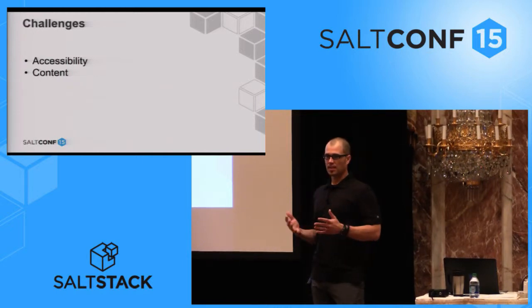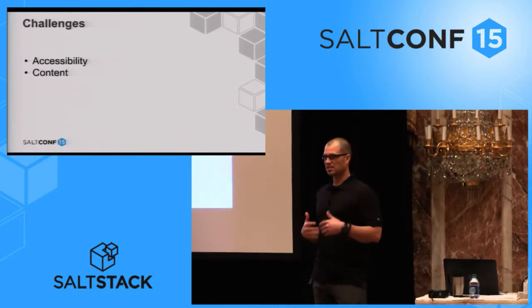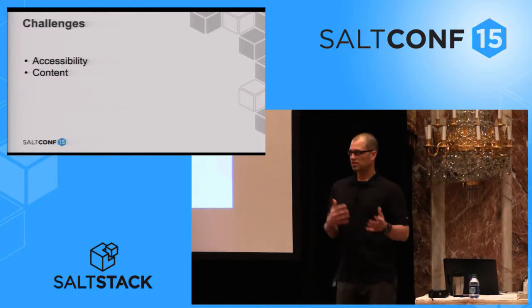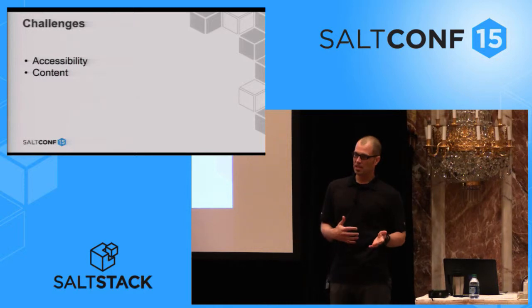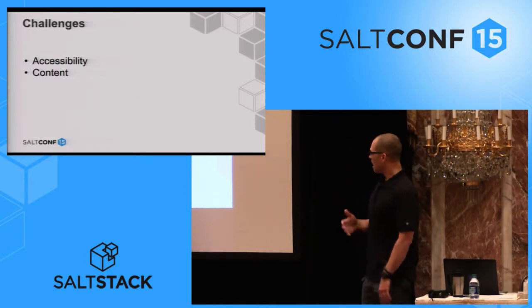And so when I think about content, I like to split it into accessibility issues and content issues. Maybe during the feedback you guys can help me understand how much we need to improve accessibility versus how much we need to improve content.